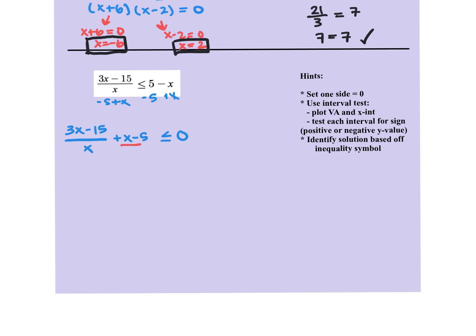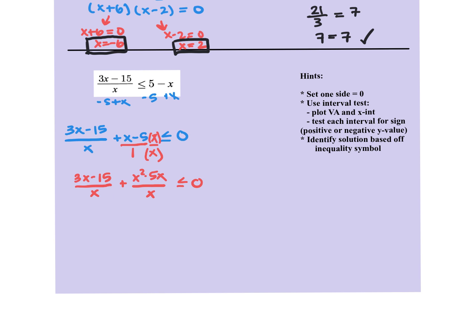So I need to multiply both x and this negative 5 by x over x so that I have a common denominator. This is going to give me 3x minus 15 over x plus x squared minus 5x all over x.